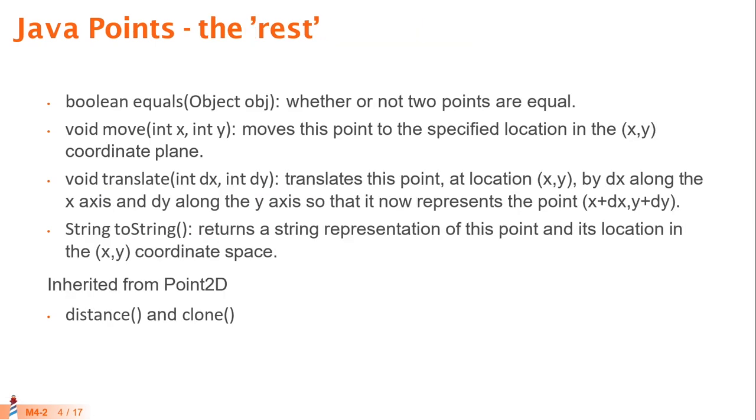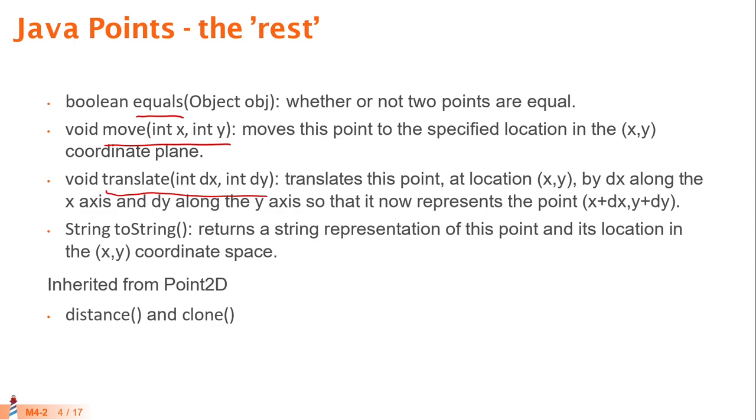If we see a little more of what we have in the API, we see that we can compare two points to see if they are equal, and we can move a point to a given position. We can set a new position to this point in the coordinate plane, and we can translate it by a distance.